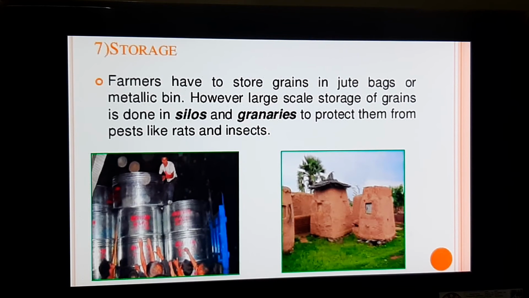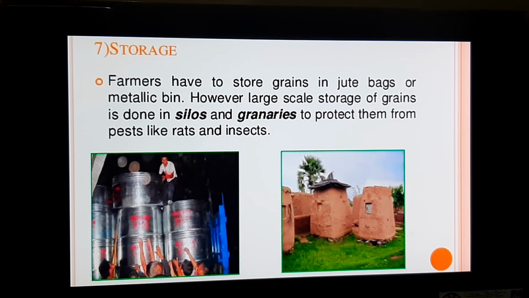Here comes an important point, that is storage. Farmers have to store grains in jute bags or metallic bins. However, large scale storage of grains is done with silos and granaries to protect them from pests like rats and insects.